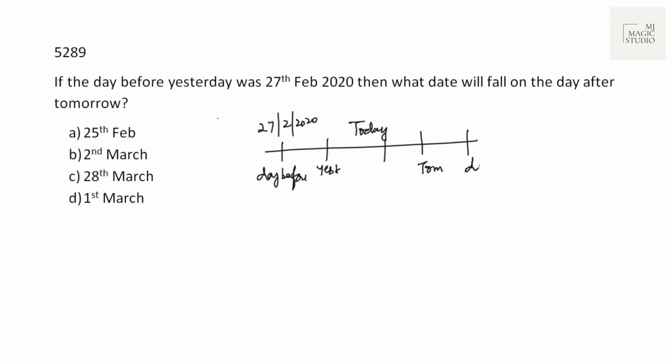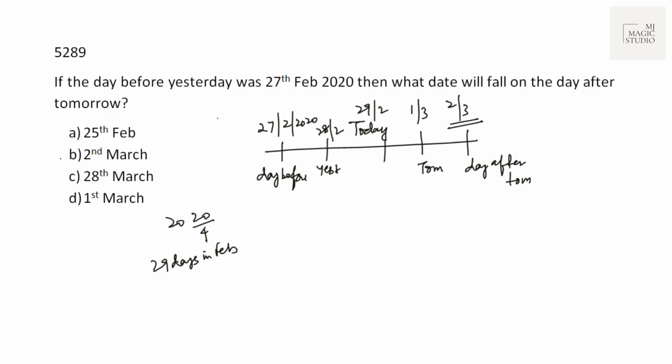So this is tomorrow and this is day after tomorrow. Now 2020 is a leap year, as this is not a century and it is divisible by 4, so it will have 29 days in February. Perfect. So day before was 27th, yesterday was 28th February, today is 29th February, tomorrow would be 1st March, day after tomorrow would be 2nd March. 2nd March is the answer.